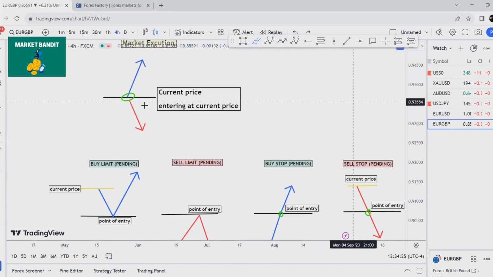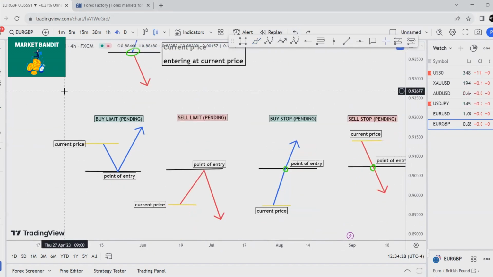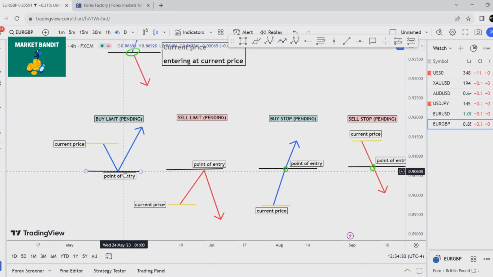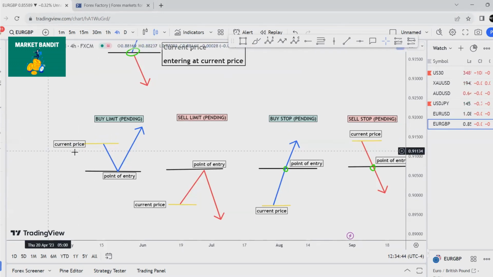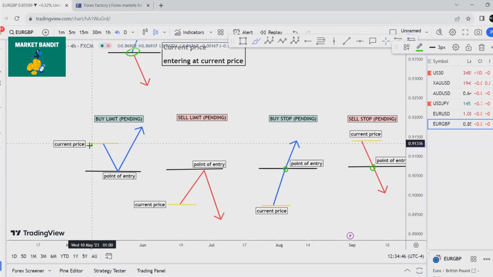Okay. So say I'm looking to enter the trade down here, let's say at 0.9713, but price is currently up here. Current price is higher, which is 0.91362, right? So current price is high, and I don't want to enter that high.